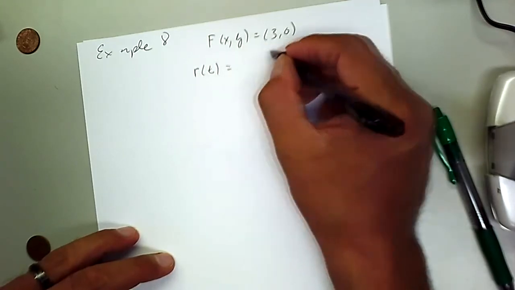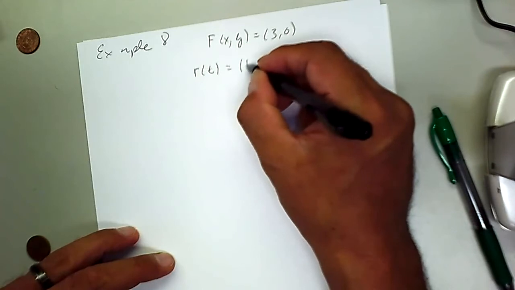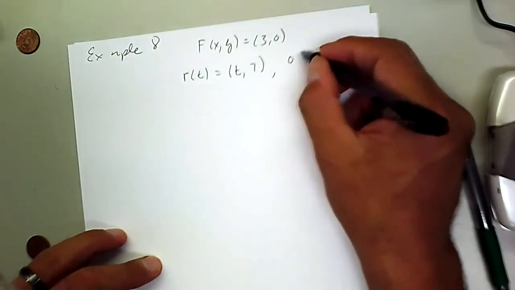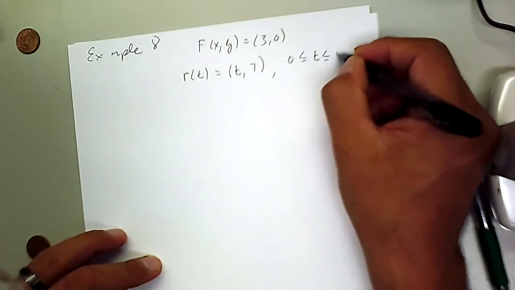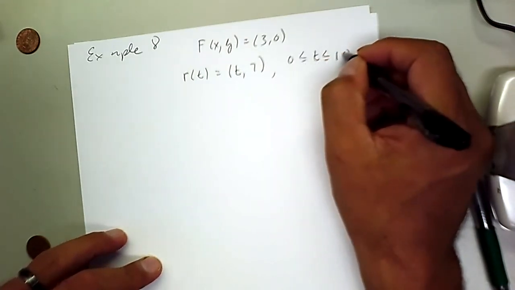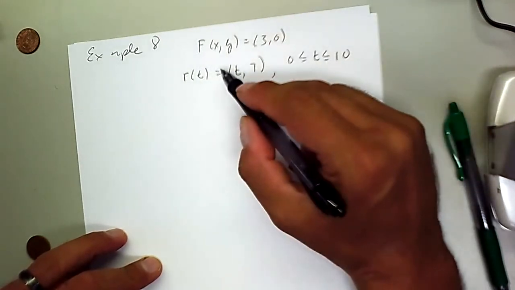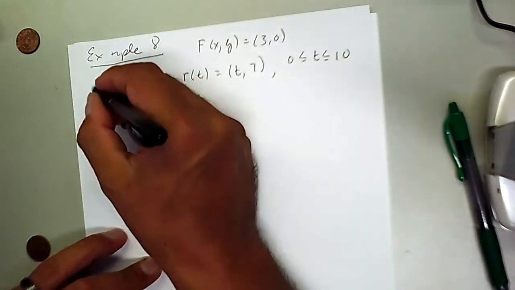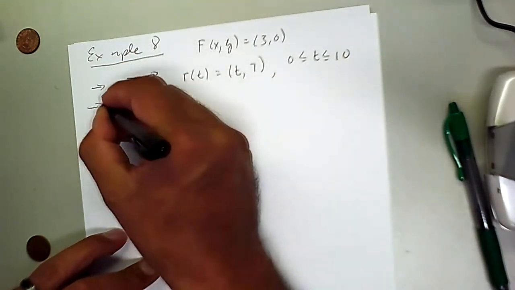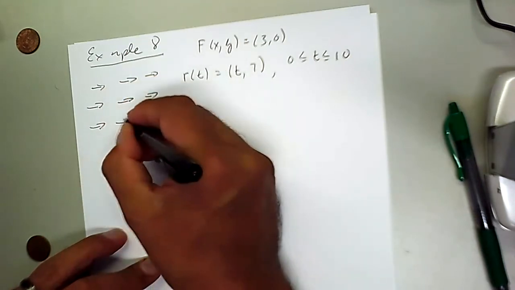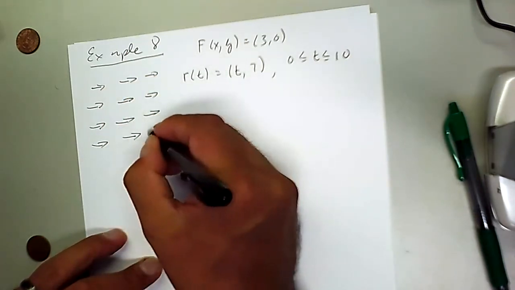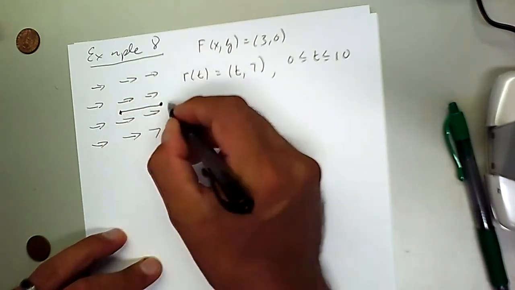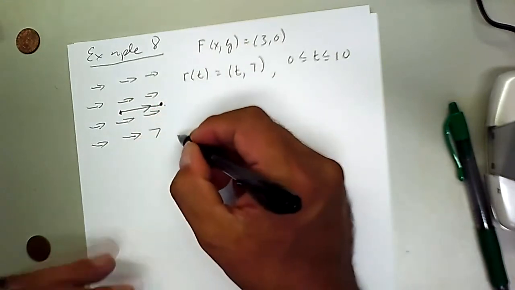Instead of 5t, let's just make it <t, 7>. Same path, but now it is going to take way longer, from 0 to 10. So it's going to take 10 seconds, as opposed to in example 7, 2 seconds to get to the same thing. So same picture, same force field, if you will. We're going to take a path starting at (0, 7), ending at (10, 7) in that direction.